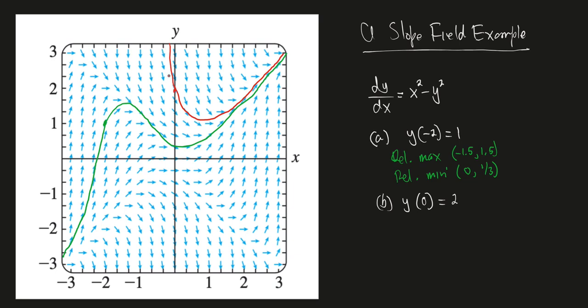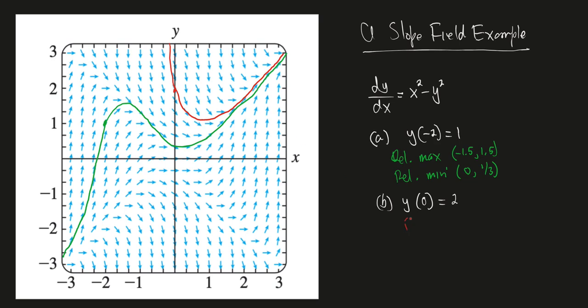And you can see, again, very different in terms of the graph of this function. This particular function, in this window from x equals negative 3 to 3, only has a relative minimum. It doesn't have a relative maximum.